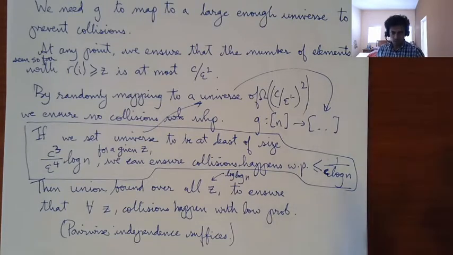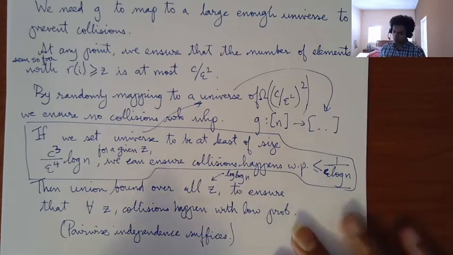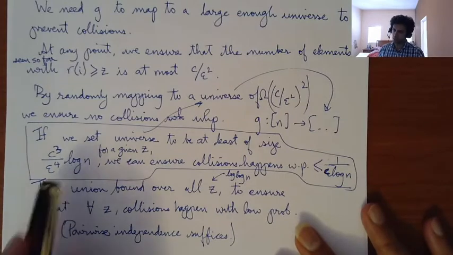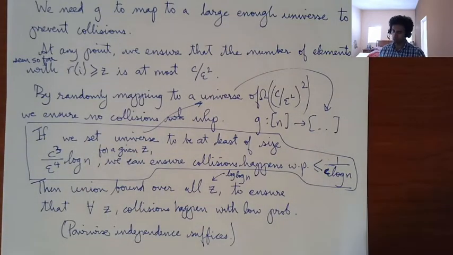So any questions about this part, like why this universe size for G suffices? Any questions on that?